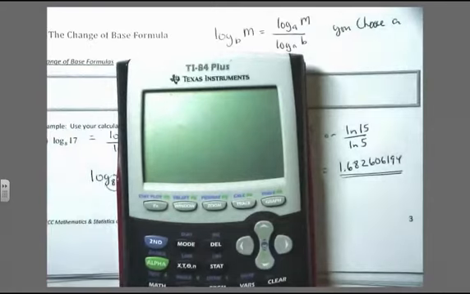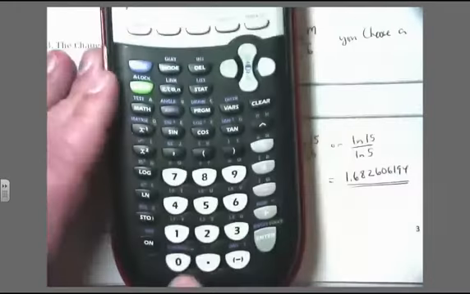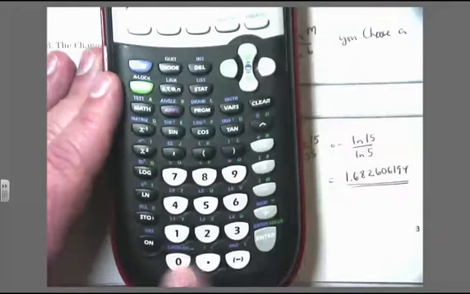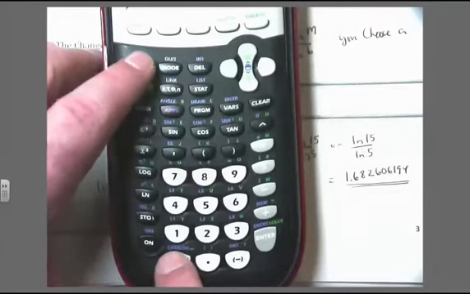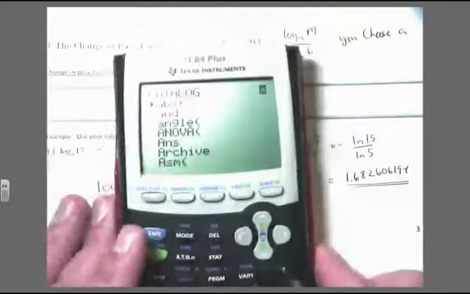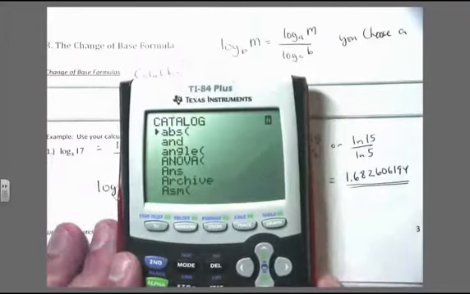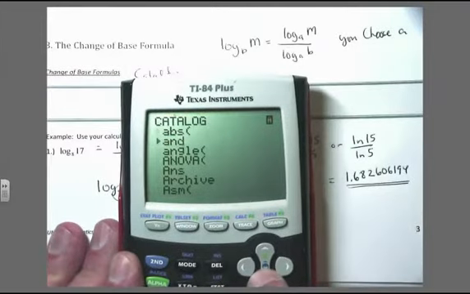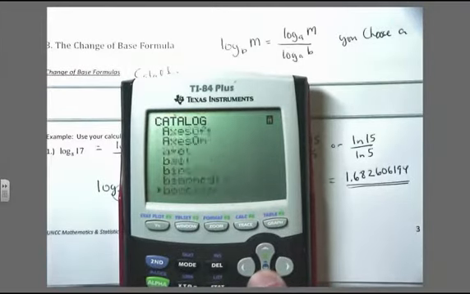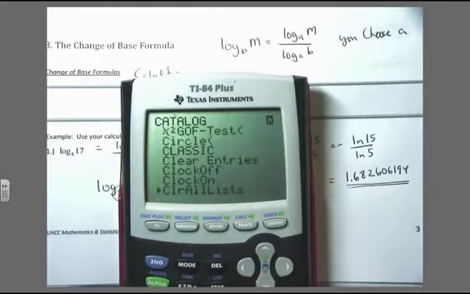So there is a special button on the calculator for the log of any base. If you'll notice, there is a catalog button on it. You see the catalog? It's in blue on mine, so I'm going to hit second catalog, and it tells you what everything in the memory of the calculator is. I want you to scroll down until you get to the L's. I think you can do alpha L if I really want to. Alpha L, L.